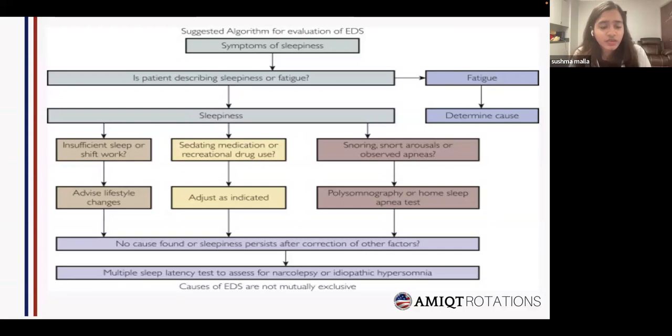If the patient has a sedating medication or uses recreational drugs, then you have to counsel them regarding it and adjust them as indicated. If the patient has snoring, snort arousals, or observed apneas, then you do a polysomnography test or home sleep apnea test. If no cause is found or sleepiness persists after all of this correction, then we do an MSLT to assess for narcolepsy or idiopathic hypersomnia.